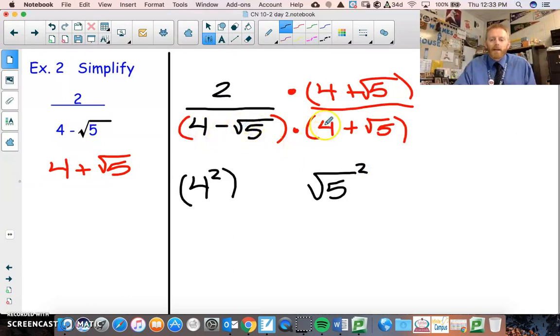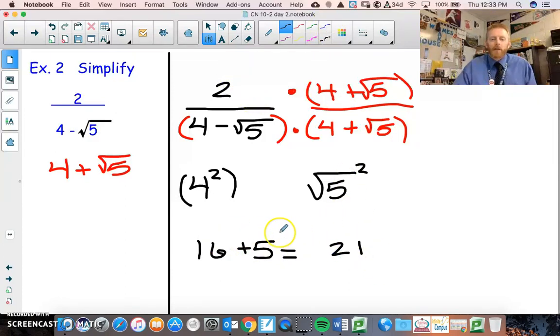And then my inners are going to cancel because a negative square root of 5 times 4 and a positive square root of 5 times 4 cancel each other out. So what we end up with is 16 minus 5 on the bottom, because the square root of 5 to the second power is just 5. And that turns into being a 21.